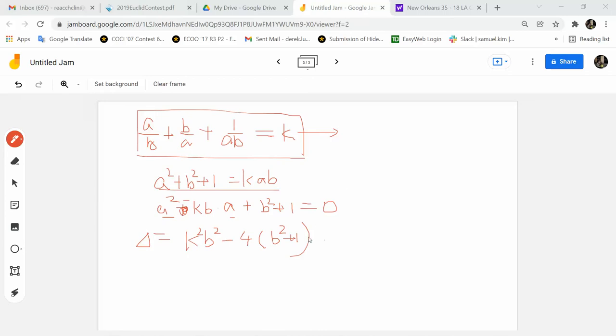And here it must be equal to some square number, right? So here we say K square minus 4. Right? Here like this.